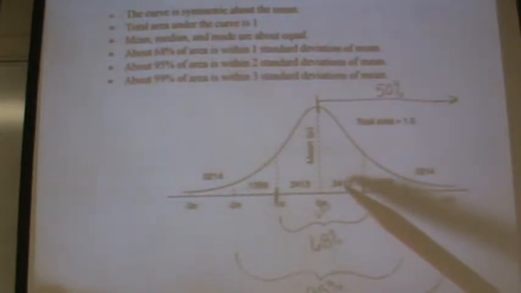So we can take the 50 and subtract the 34. And when we take 50 and subtract 34, so we have 0.5 minus 0.34. That's going to give us 0.16, which equals 16%. So our top 16% is past our first deviation.